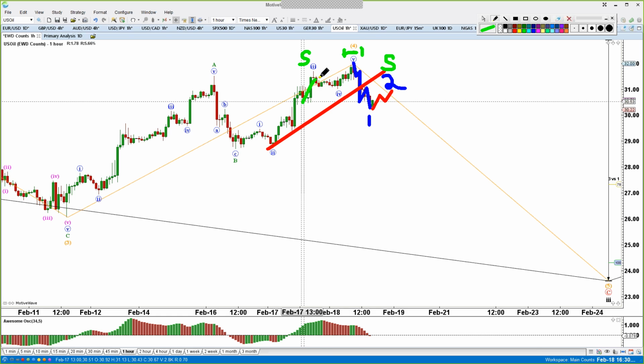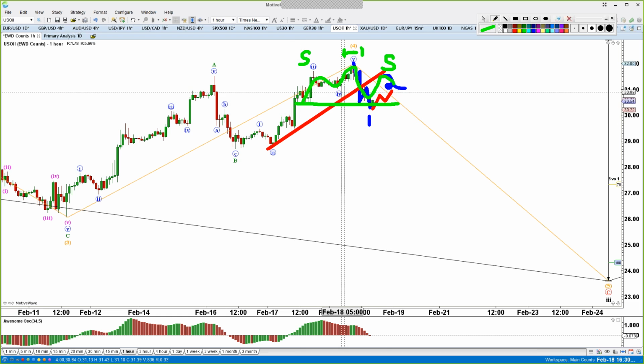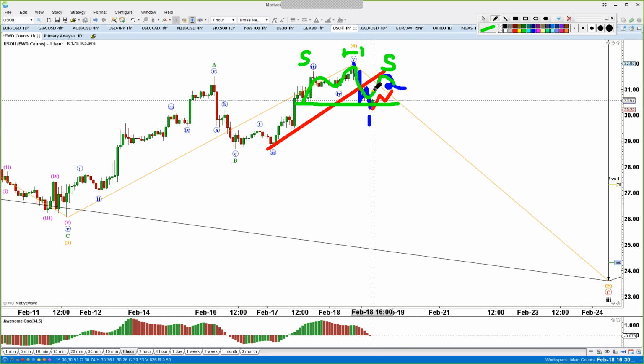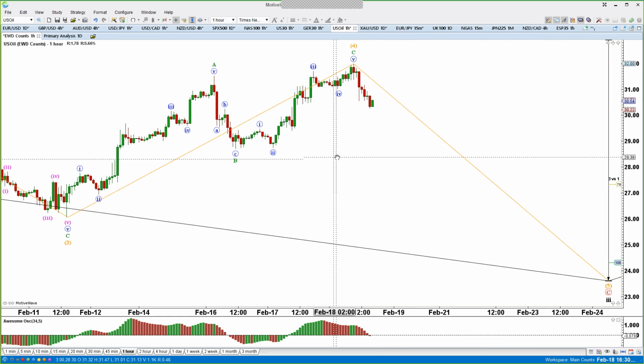So shoulder, head, and shoulder. And there is a neckline. So that's the reversal. Of course, we need to continue confirming the end of the wave 4. So that's the next step, and that will be the trade.